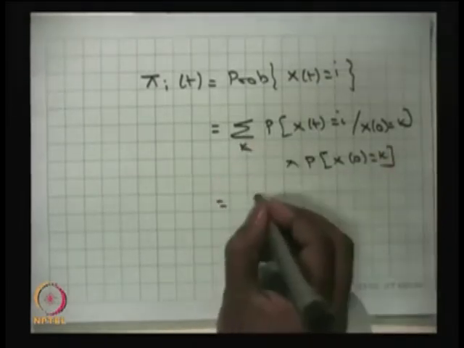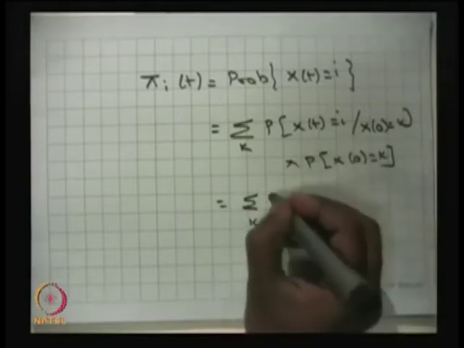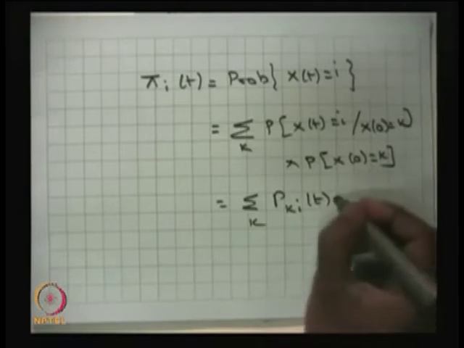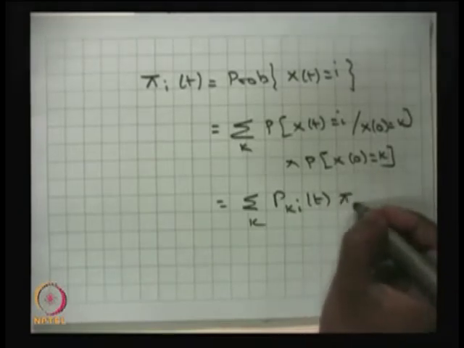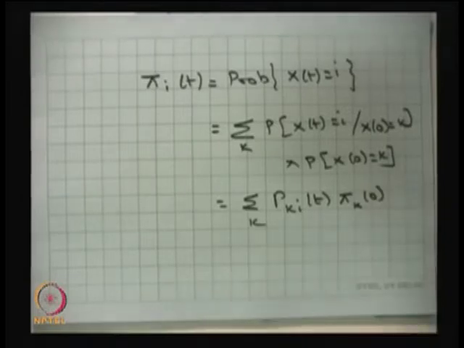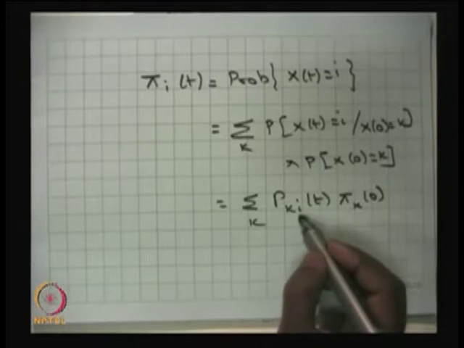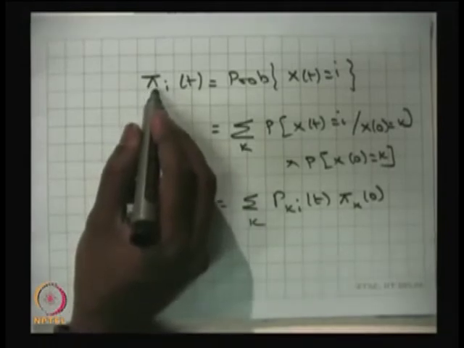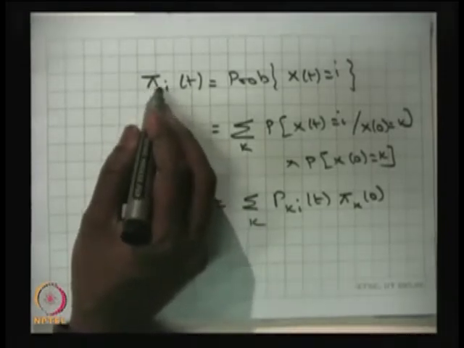That is nothing but summation over k, and this is the transition probability, and this is the initial probability vector element. So, using p k i of t or p i j of t, that is a conditional probability, one can get the unconditional probability. This is nothing but the distribution of X of t.